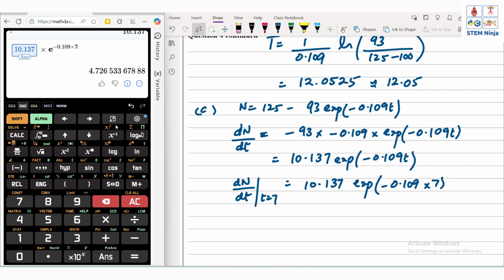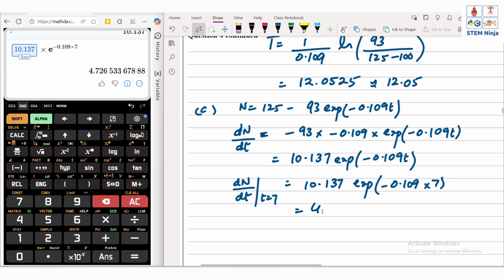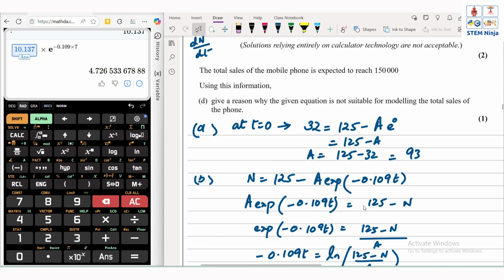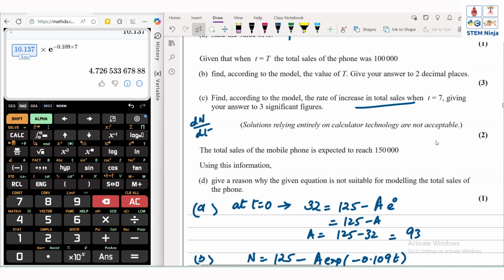So we get 4.7265. Now this N is in thousands. They're not asking about the N, they're asking about the total sales.